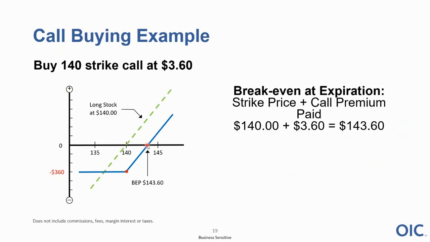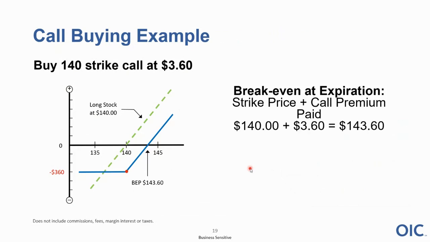If stock finishes below that break-even point, we're going to lose some of that money. We paid $3.60. That option is still going to have some value, but that value is going to be less than $3.60 the closer we get to our strike price. Once we hit that strike price, the option has absolutely no value, and that's where we encounter our maximum loss.